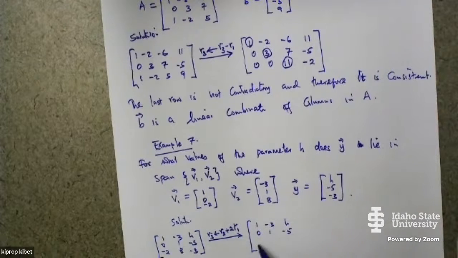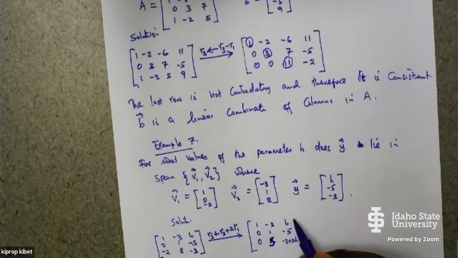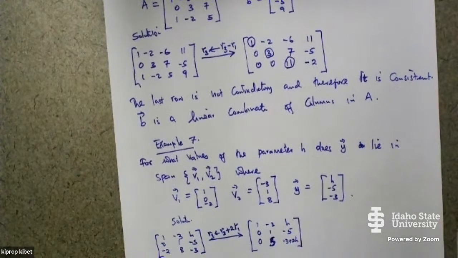Then we have 0 there, 8 plus 3 is 5, so it will now be 5. And then -3 plus 2h.